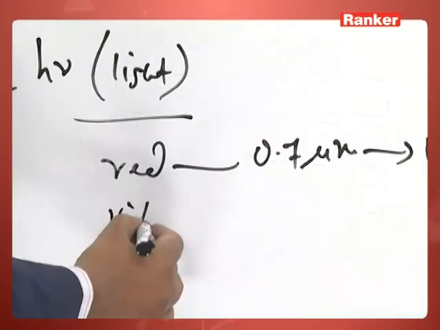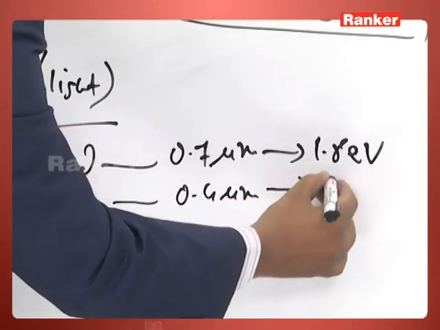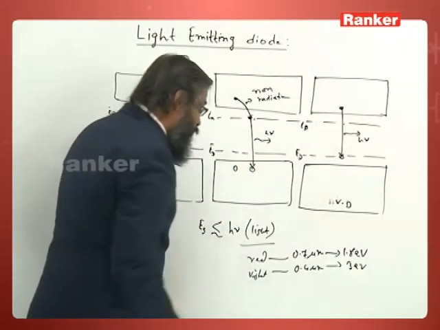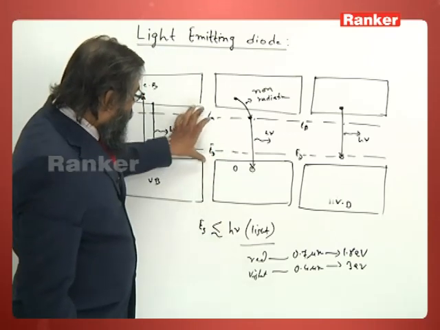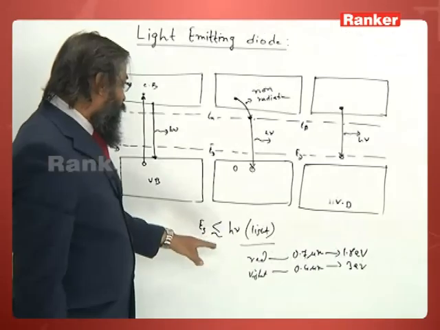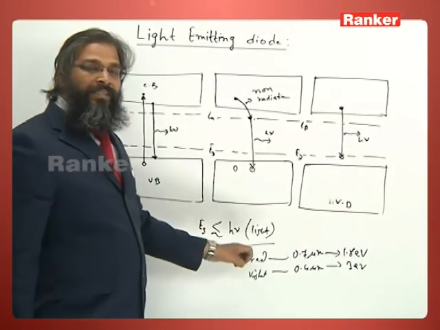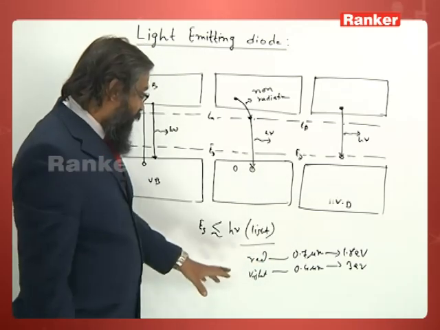For violet, nearly blue, it is at 0.4 micrometer and it has 3 electron volt. So if I have to make a red LED, then the forbidden gap should be of the order of 1.8 electron volt. So EG should be somewhat less than that, you can take it to be 1.7 to 1.8.